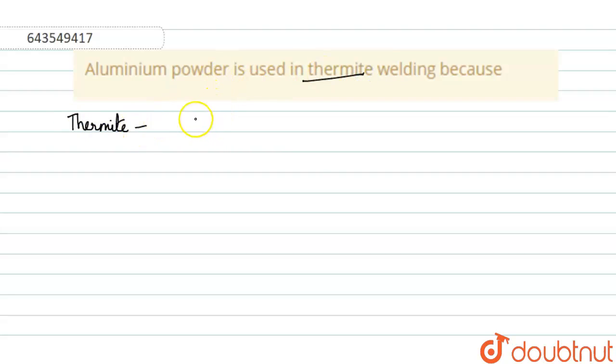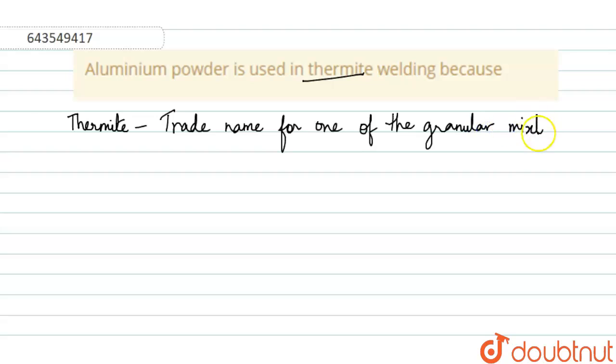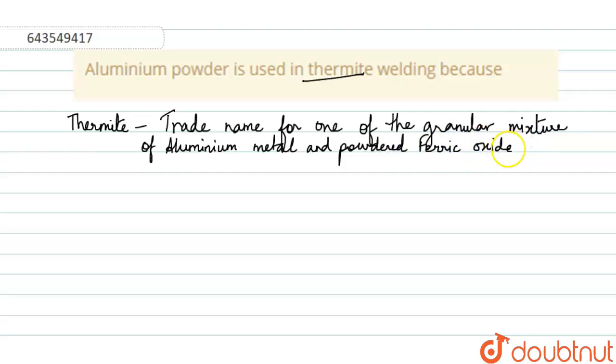This term thermite is basically the trade name for one of the granular mixture of aluminium metal and powdered ferric oxide. Formula for ferric oxide is Fe2O3.